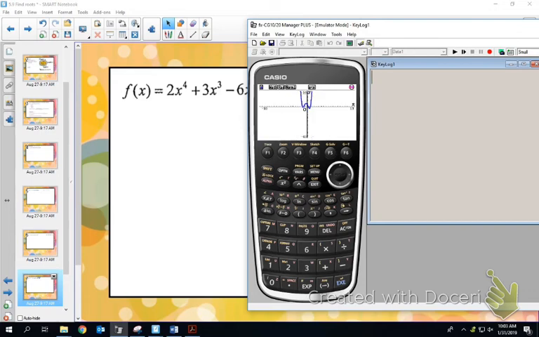I'm going to zoom in a little bit. So if you can see, we need 4 roots, and there are 4 roots on here, but here's the problem. When I go to my GSolve and I do my roots, my first root is -2. So that one we can use, okay? The second root, though, is a really ugly decimal, and we don't know what that decimal is. Okay, so we're going to have to work to find what that one is.